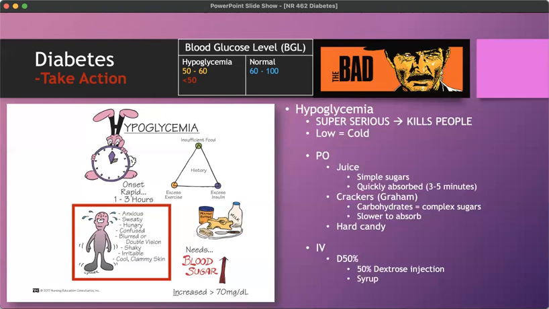And you push it with 2 hands because this stuff is like pushing syrup through an IV. It is really thick. It is really hard to push. So these are emergent interventions. As soon as we do this, we need to be calling a physician, letting them know that the patient has had a hypoglycemic episode and what we did about it.